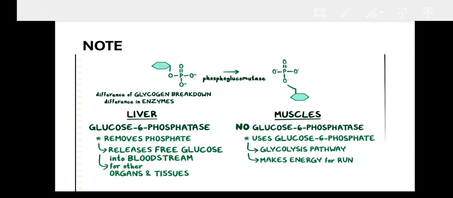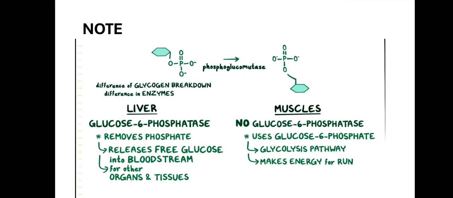All right. Now, let's take note here. There are differences, which I know I've already mentioned, but there's a difference between liver glycogenolysis and muscle glycogenolysis. Okay. Now, don't worry about this part. I've already explained, because you've got your glucose 1-phosphate.